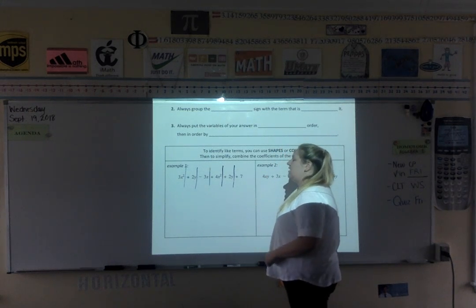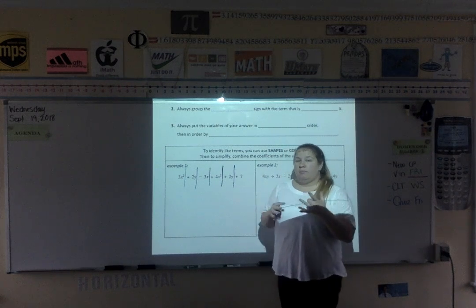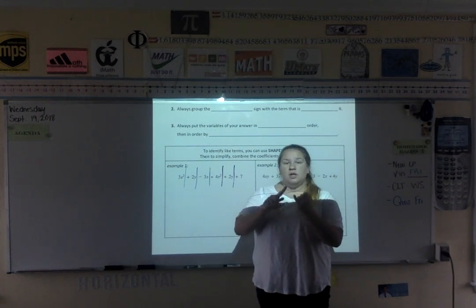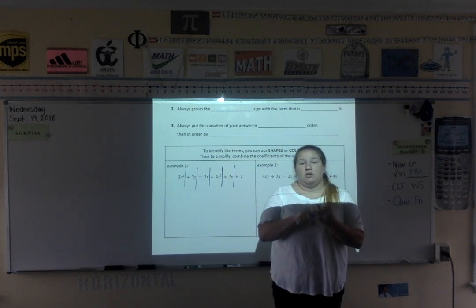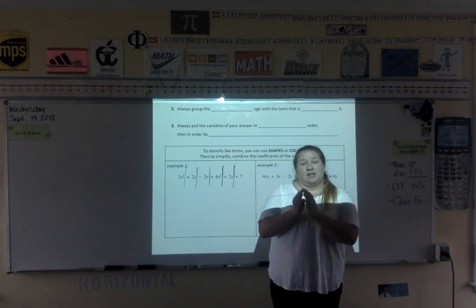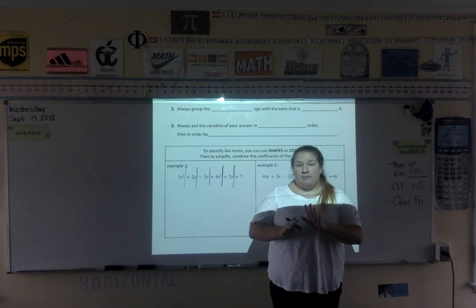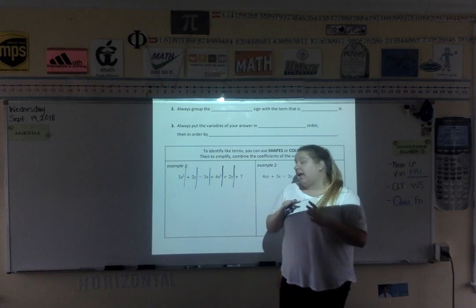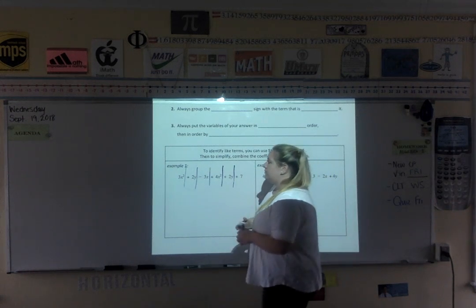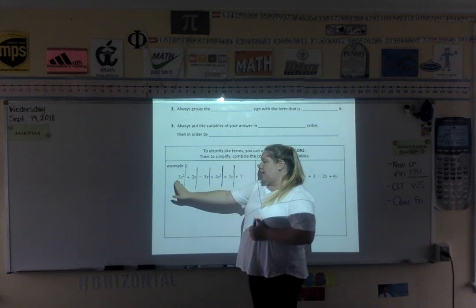And now we're just going to identify which terms are like, and we're going to ask ourselves, what is the variable that's shared, and is there an exponent that's similar? Again, if you don't have those two pieces exactly the same, you cannot combine them. The two numbers in front, the coefficients, do not need to be the same. They can be different.